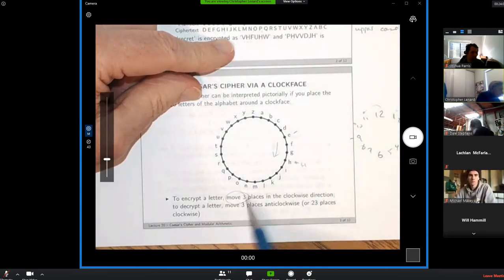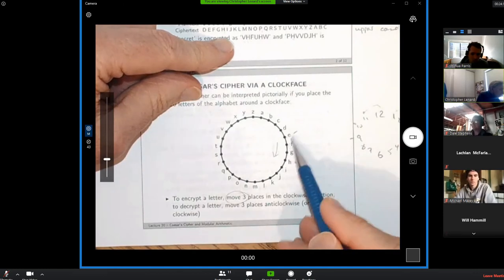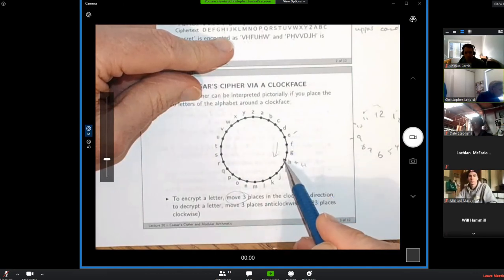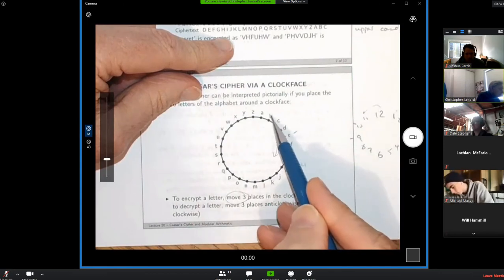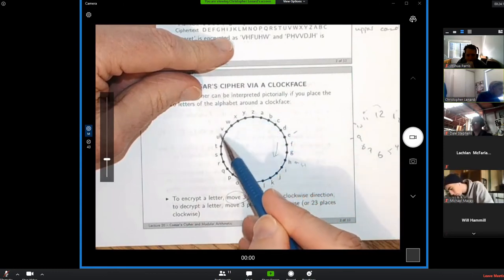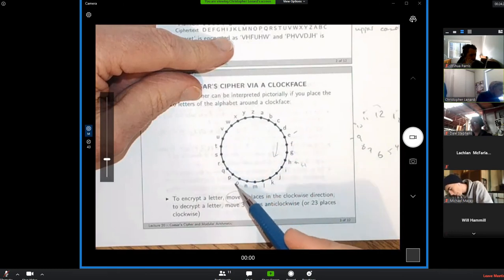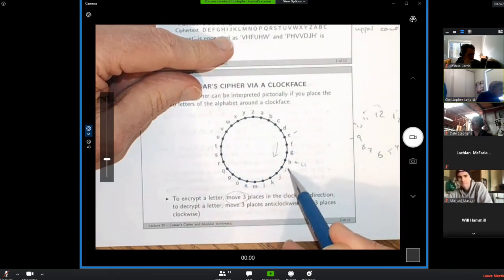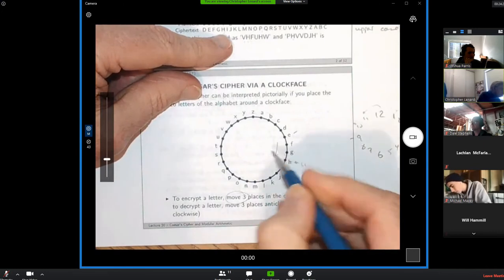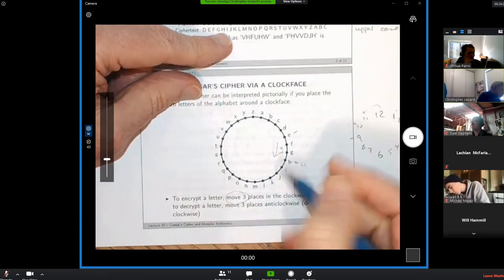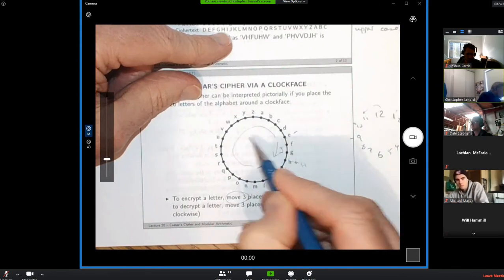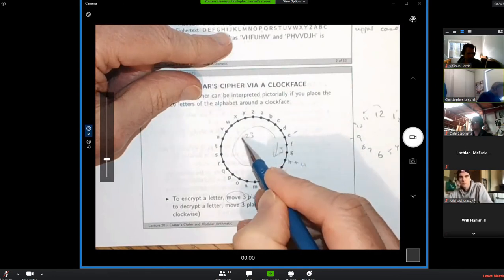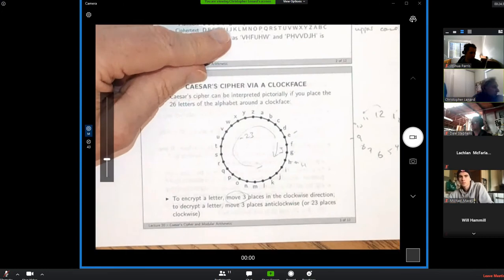Notice also that another way to get from E to H is if we go backwards. If we go backwards 1, 2, 3, 4, 5, 6, 7, 8, 9, 10, up to 23. So moving forward 3 places is exactly the same as moving backwards 23 places, or anti-clockwise.